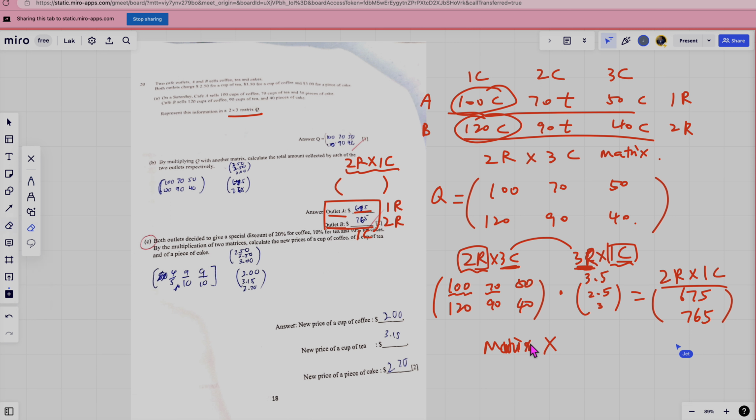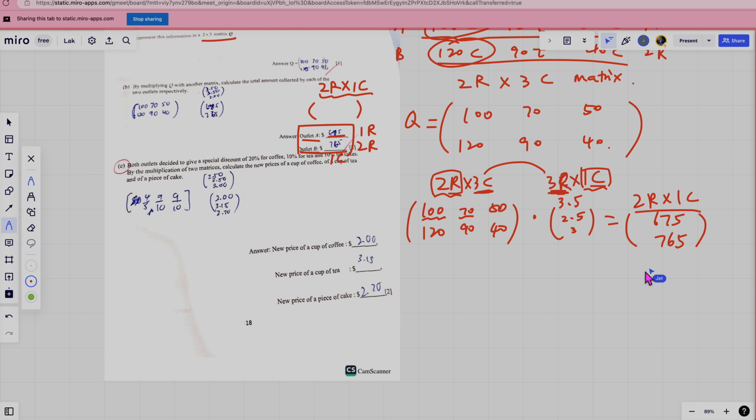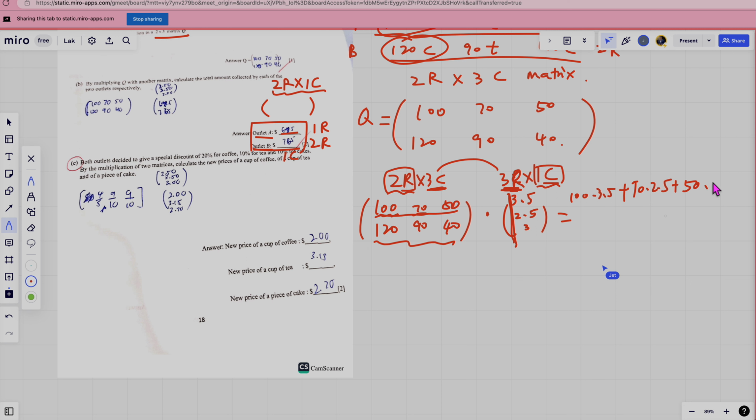Of course, it's good that you write some steps. How do you get it? Before you write this down, what you do is 100 times 3.5, plus 70 times 2.5, plus 50 times 3.